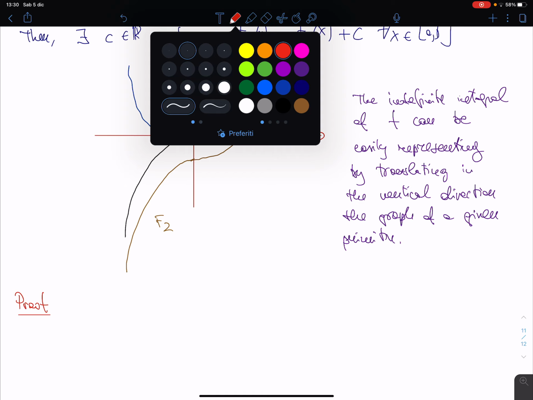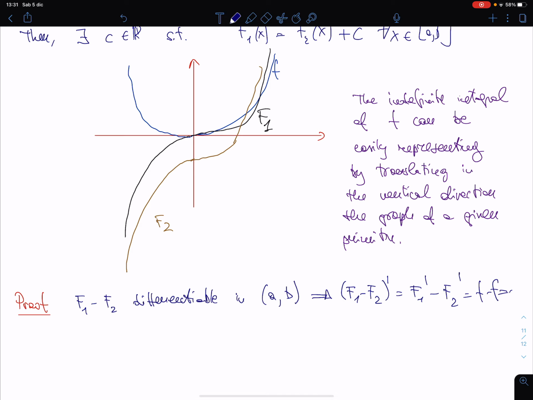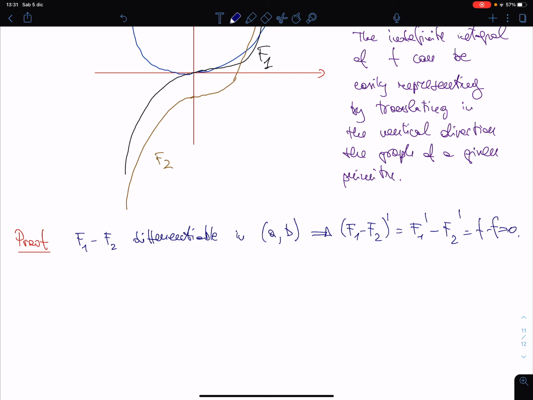First, from the algebra of the derivatives, you have that F1 minus F2 is differentiable in A, B, open. Then the derivative of F1 minus F2, F1 prime minus F2 prime, is equal to f minus f, and this is 0. Okay? They share the same derivative, which is f.